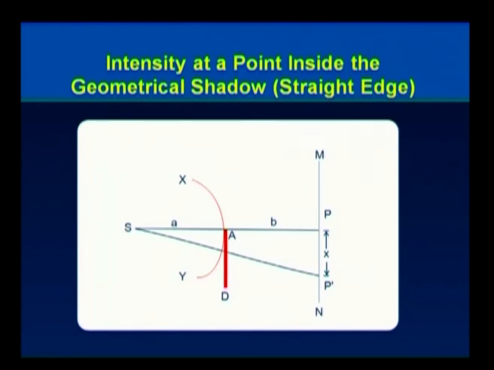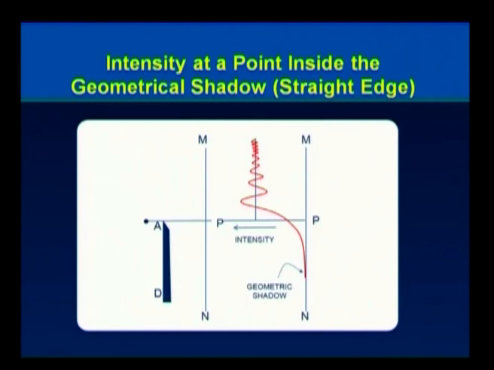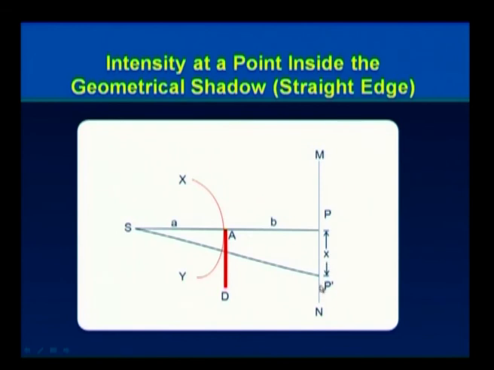I will tell you that even though P prime is a point inside the geometrical shadow, there will be some intensity. Intensity does not become 0, and more importantly above P there will be what are called diffraction bands. Okay, that you should be having in mind. As I told you just now, below P you have the geometric shadow.